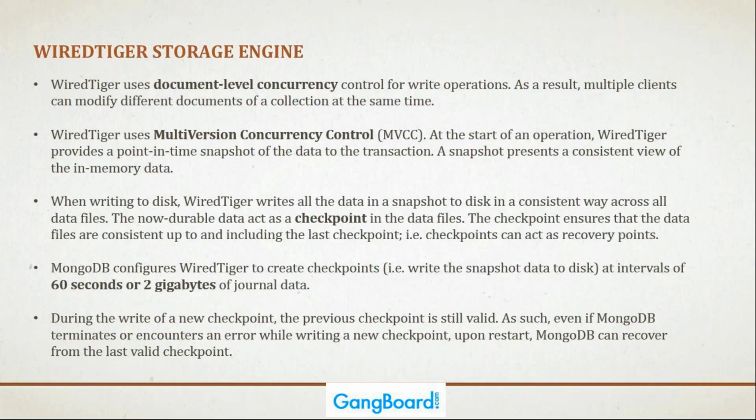Let's say you have one operation happening in memory, and that comes to the journal. From the journal, when 60 seconds are over, that snapshot is written into the disk with a checkpoint. Let's say the checkpoint number is 10.